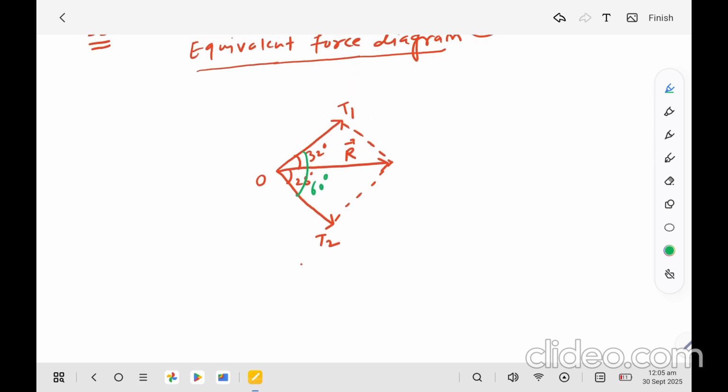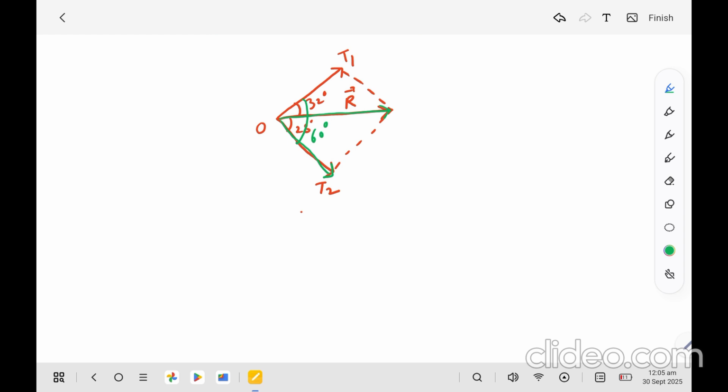So T1 and T2 can be represented by two sides of this parallelogram. It means we can use the law of the parallelogram to find the resultant and one of the unknown forces.